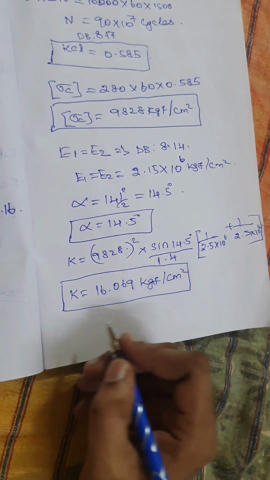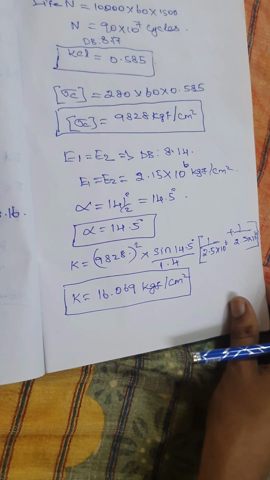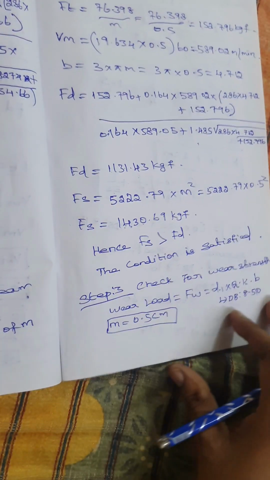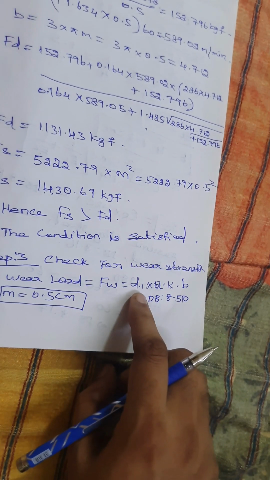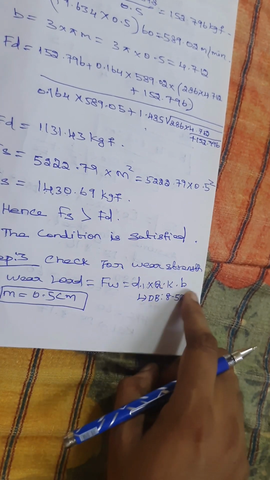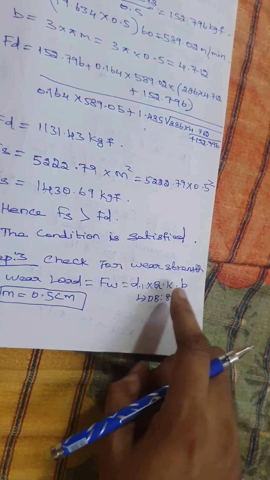So now we can easily calculate the wear load F of W, because to calculate F of W we have to know the values of D1, Q, K and B. We already found D1, Q and B, and now we found the value of K also.